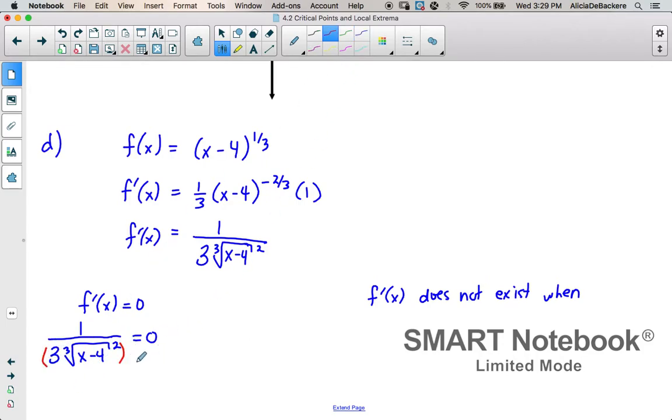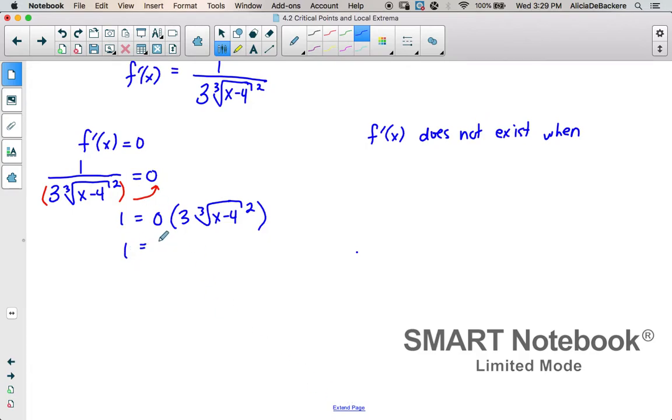So I'm taking this whole thing, multiply it up over here. And what I get is 1 is equal to 0 times the bracket. But 0 times the bracket is just 0, and I get 1 is equal to 0, which is a nonsense statement, and so therefore there are no solutions.